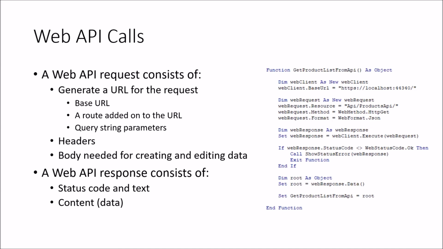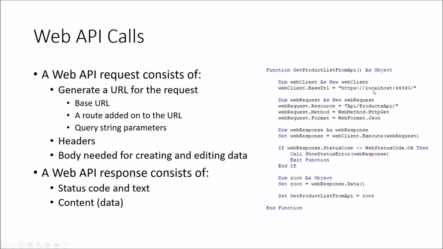So on the right of the screen, you can see that I have a VBA function, and you can hopefully see in there that it maps more or less to the sections on the left. So here we create a web client and we set a base URL on it.